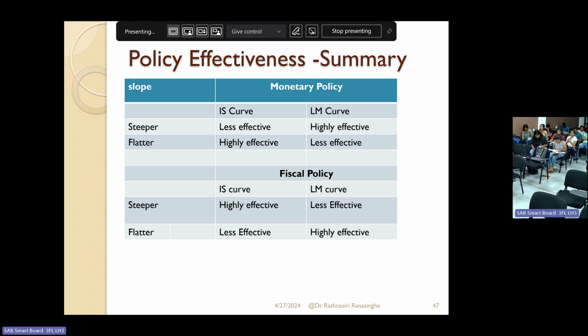So we use expansionary fiscal policy, and the government raises expenditure from G0 to G1; the shift goes to the right.